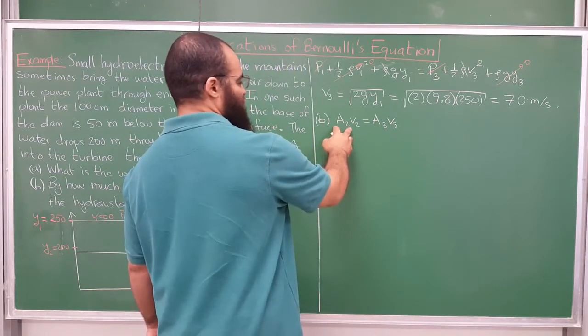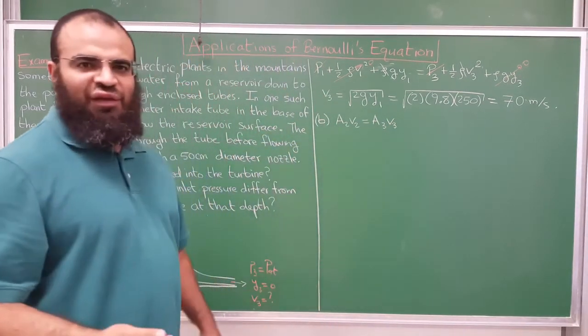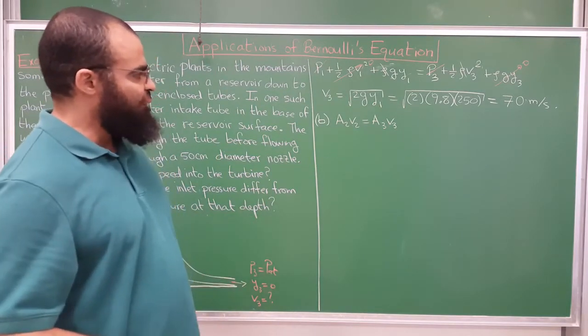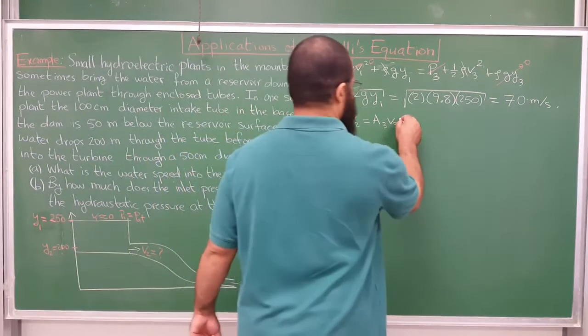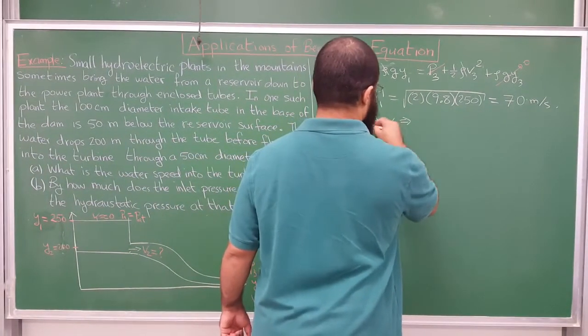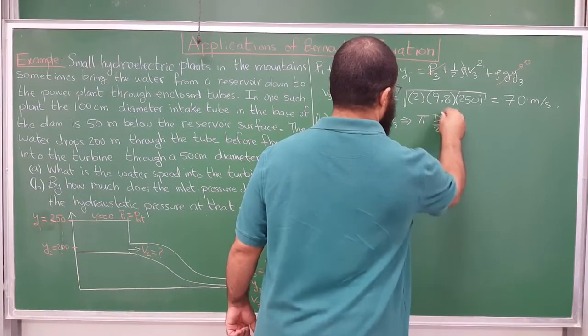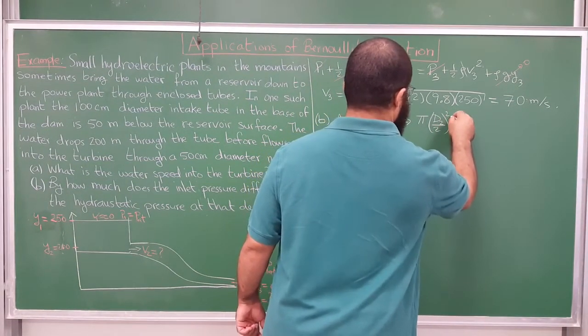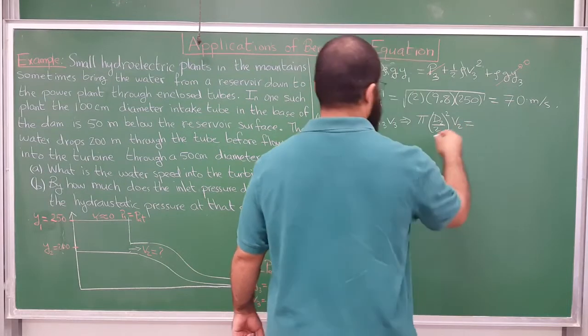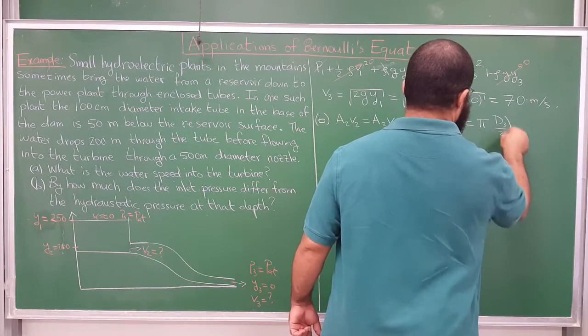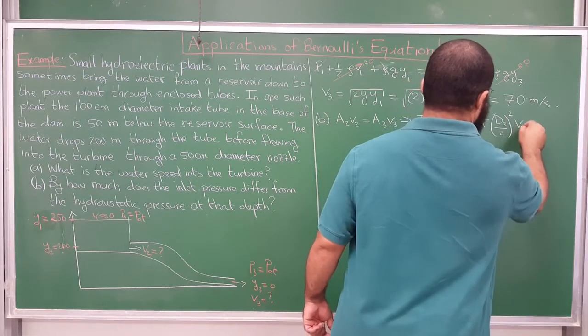And area 2 will be pi times the diameter over 2 squared, right? Pi r squared. It's circular. We have done this already, but let me just label it. So area 2 will be pi times diameter 2 over 2 to the power 2, times V2. And on this side, it will be pi diameter 3 over 2 squared times V3.